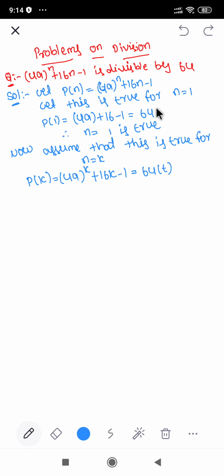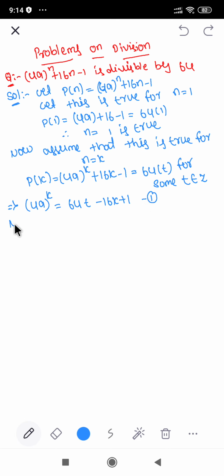Here we got 64 into like 1, for that we are writing it as 64 into t, for some t belongs to Z. Z value goes to any number, 0 or plus or minus values, whatever it may be. So for some t belongs to Z, we are converting this to our requirement. So 49 to the power k can be written as 64 into t minus 16k plus 1. We are making this equation 1.